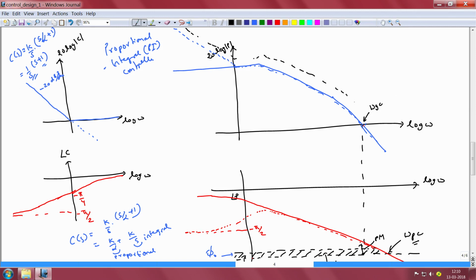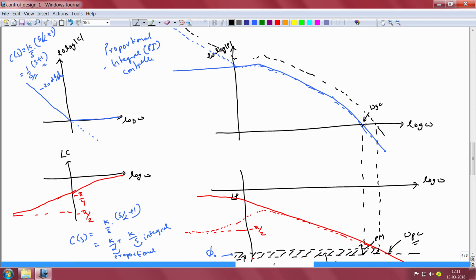Now what is the maximum possible improvement in gain that can be achieved? The maximum possible improvement is one for which the phase margin becomes exactly equal to phi naught. If we increase the gain further, then the phase margin will drop below phi naught and we are violating our specification for the minimum phase margin necessary.